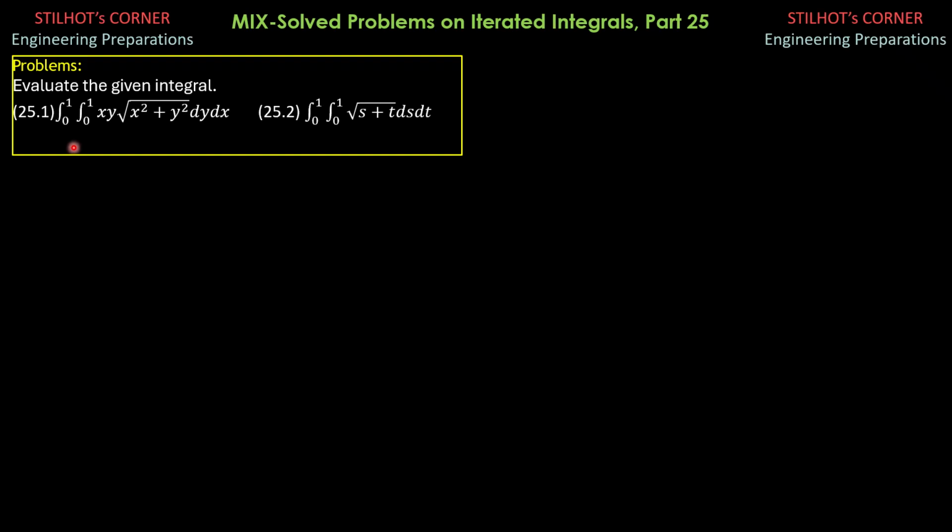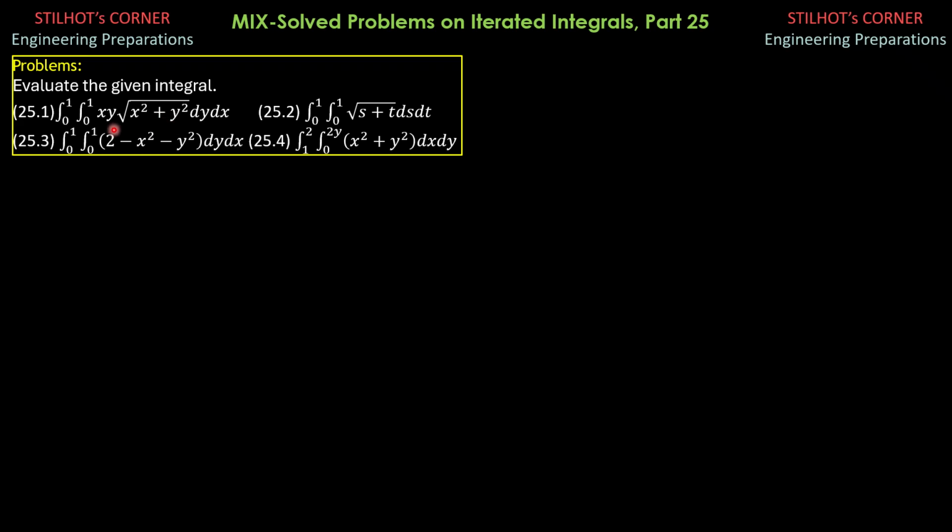So 25.1 is part 25. We have the integral 0 to 1, 0 to 1 of xy square root of x squared plus y squared dy dx. So that means the inner variable is y. If we let u be x squared plus y squared, the differential is 2y dy.